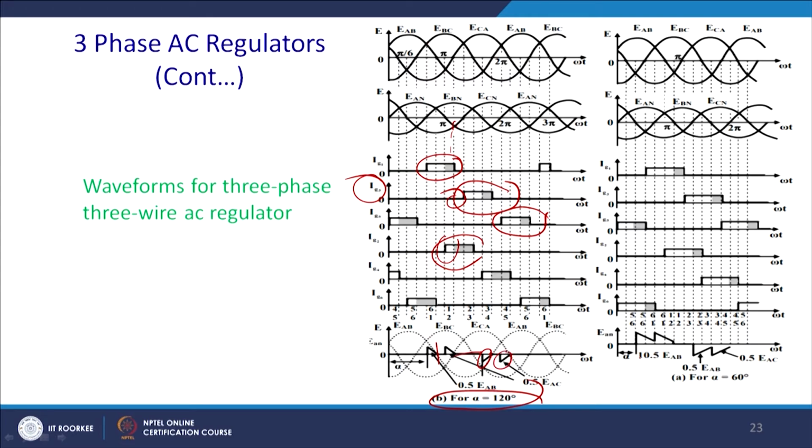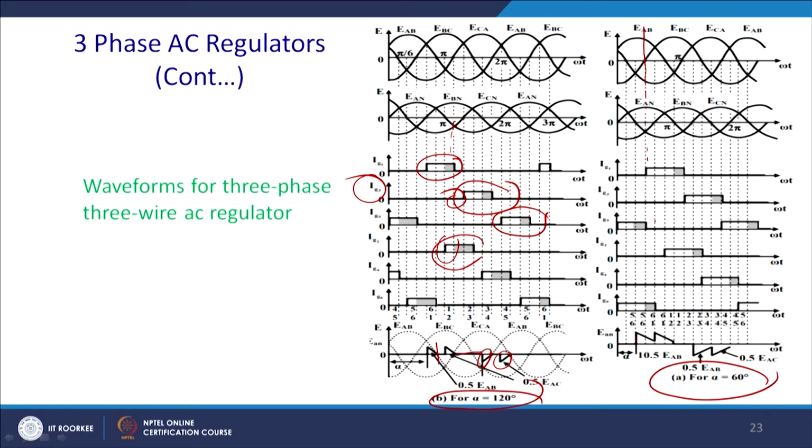And instead of that, if you change the triggering angle to 60 degree, you trigger it here from the zero crossing of this A and C phase, so essentially this point. You can find that corresponding to it, it will conduct.